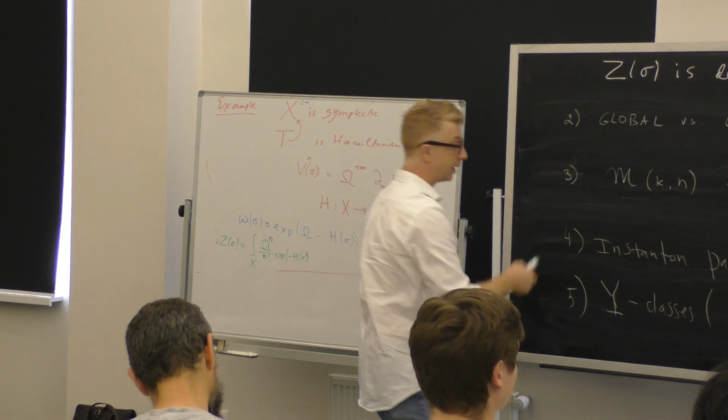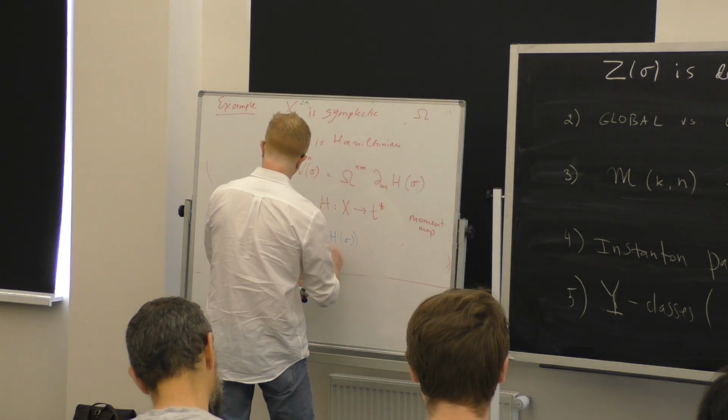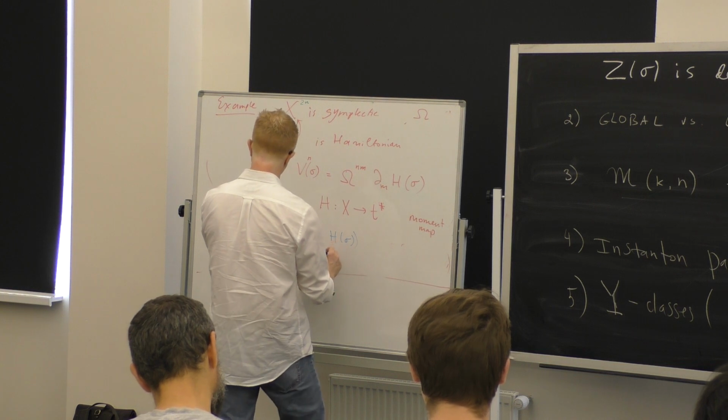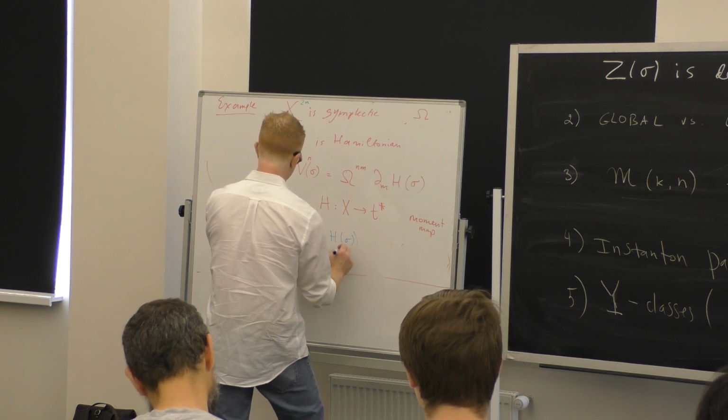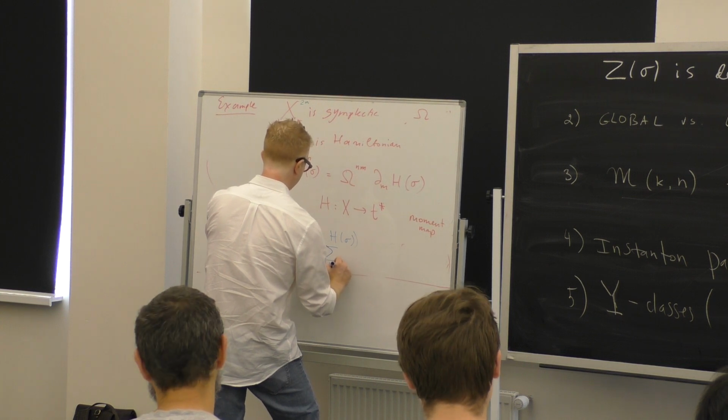And then this formula says that this is exactly given by the stationary phase approximation. So it's a sum over the fixed points, which are the critical points of the Hamiltonian.